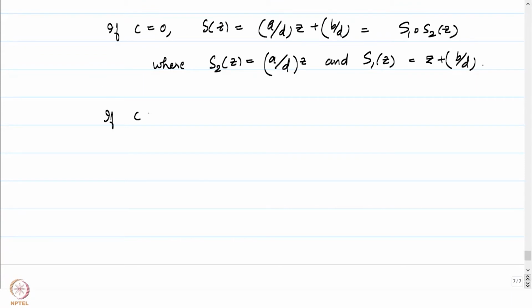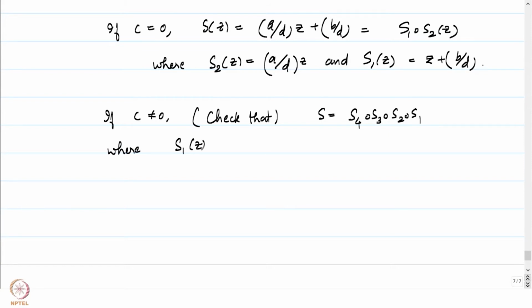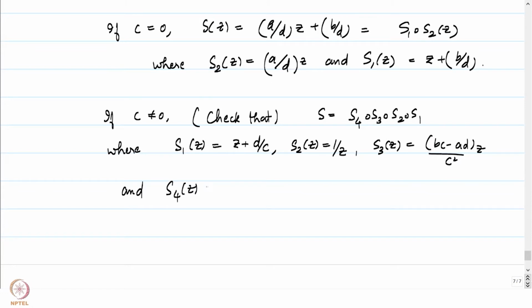So if c is not equal to 0, I'll just leave it to you to check that S is equal to S4 composed with S3 composed with S2 composed with S1, where S1 of z is a translation, S2 of z is the inversion, S3 of z is a dilation of the type (bc minus ad) by c square times z, and finally S4 of z is another translation.